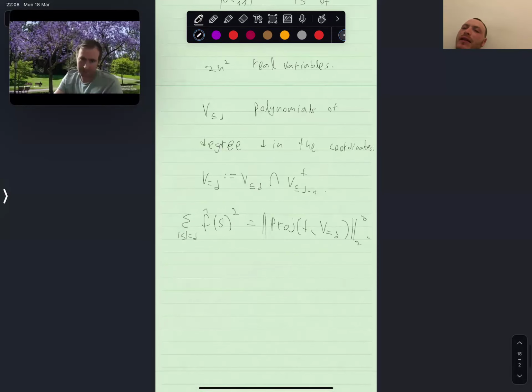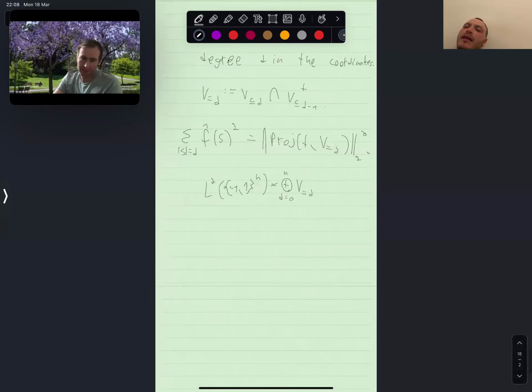And it turns out that this decomposition, which is elementary and which we really like in the Boolean cube, has a representation theoretic interpretation.